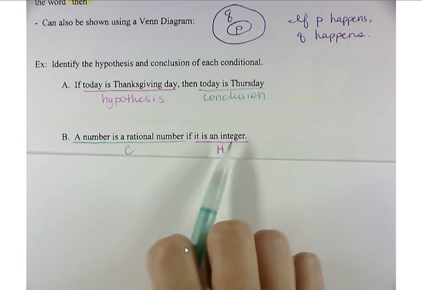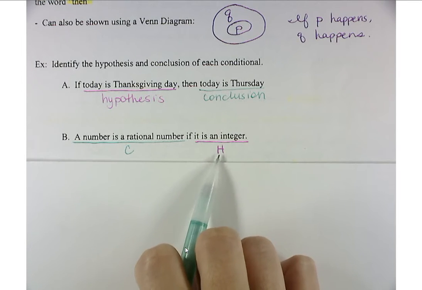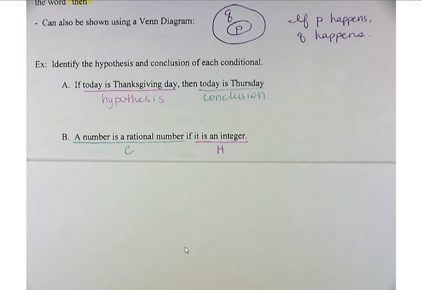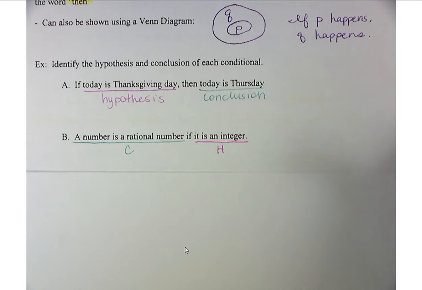So it is an integer is the hypothesis, and then your conclusion is a number is a rational number. If it doesn't have the then part, you don't have to worry about excluding it. And sometimes you will have your hypothesis written towards the end of your statement.